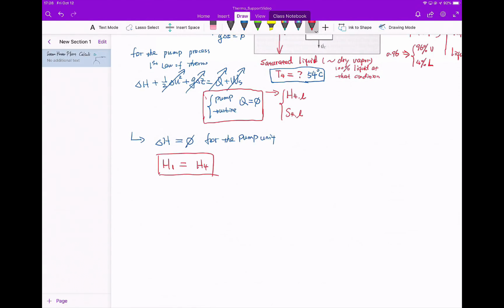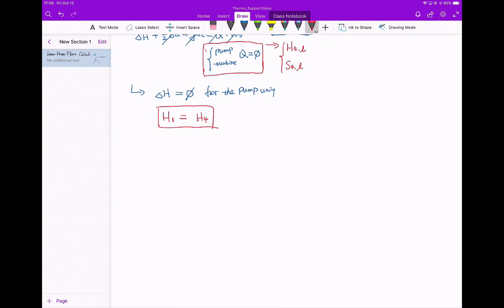Okay, so let's try to solve that. Then I'm going to refer you to the actual solution we did, and I hope then you can understand what I was doing in the solution. So we started with stream two.